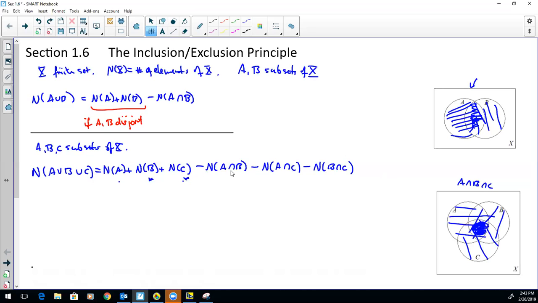So when we subtract off A intersect B, we subtract it off once. When we subtract off those things in the intersection of A and C, we've subtracted it off a second time. When we subtract off the number in the intersection of B and C, we subtract it off a third time. So we've counted it 3 times and we've subtracted it 3 times. So we really haven't counted it at all. So we need to add it back in.